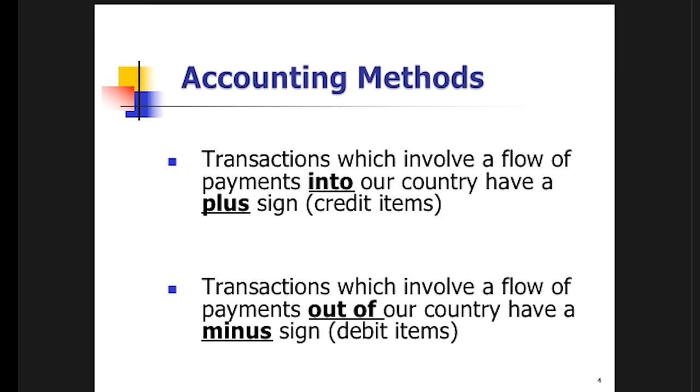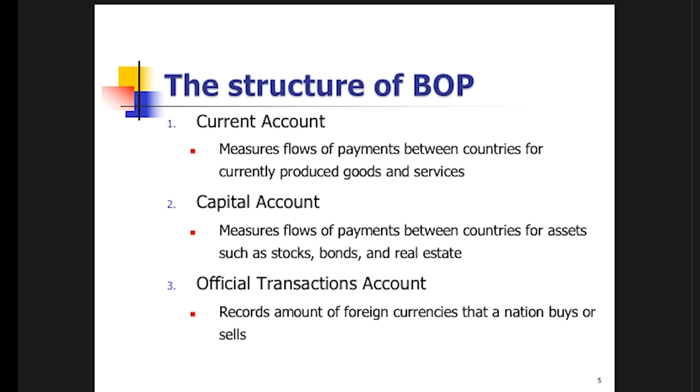After you understand the accounting method for a transaction, we will introduce the structure of the BOP, or balance of payments. There are two main accounts in the balance of payments: the current account and the capital account. The current account measures the flow of payments between one country and another for currently produced goods and services.